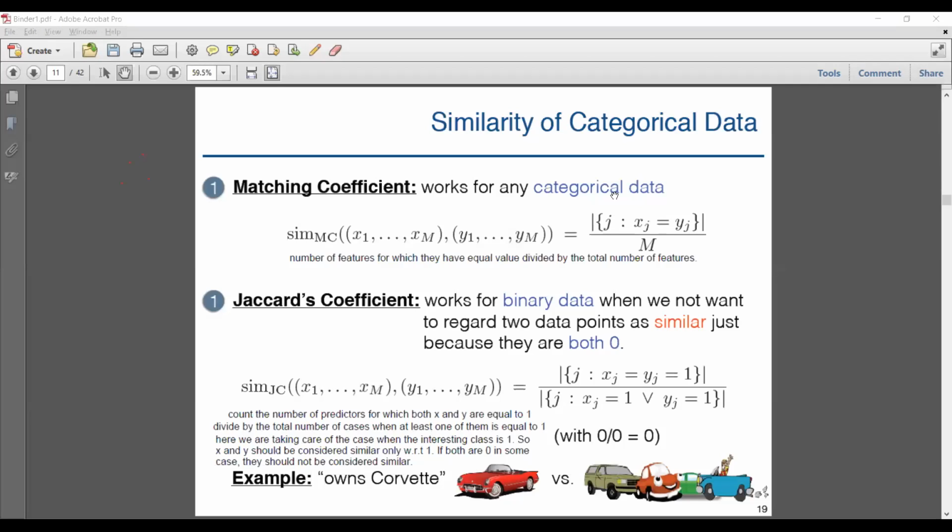Let's actually look at the formula first. So matching coefficient, basically it's a very simple idea.